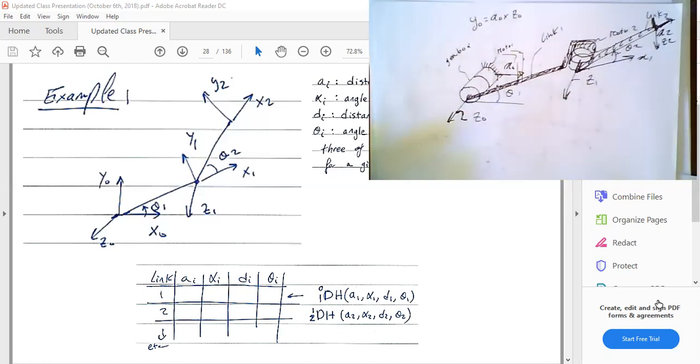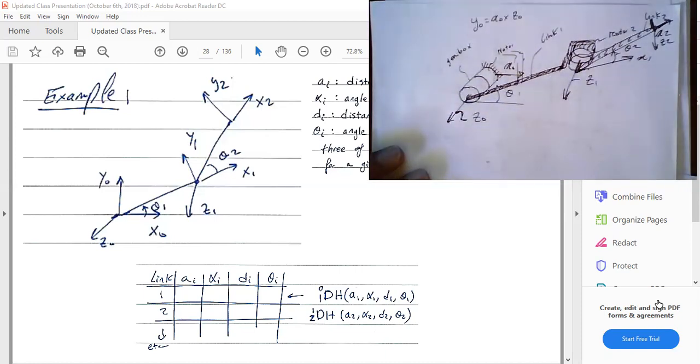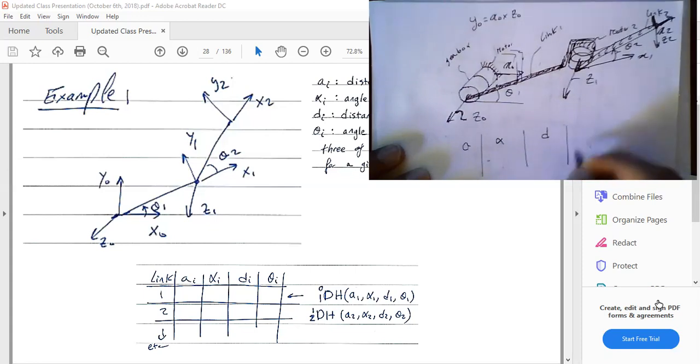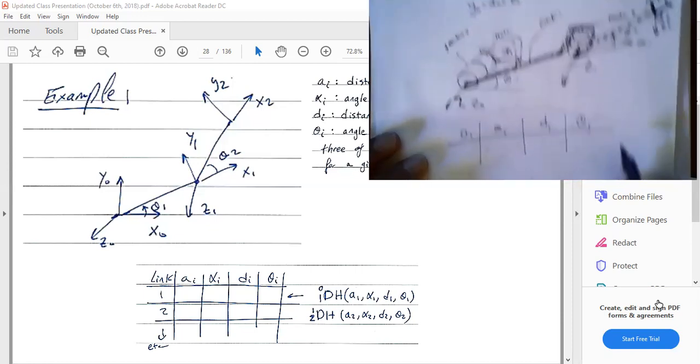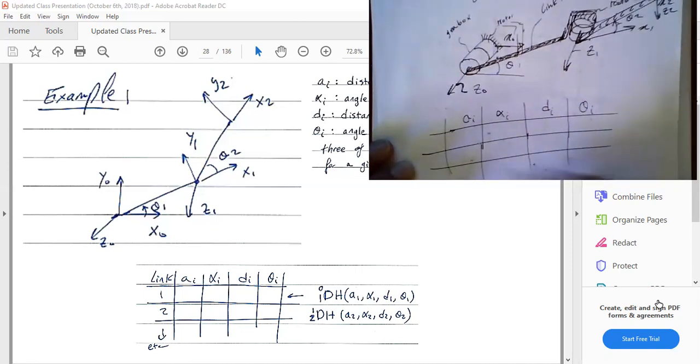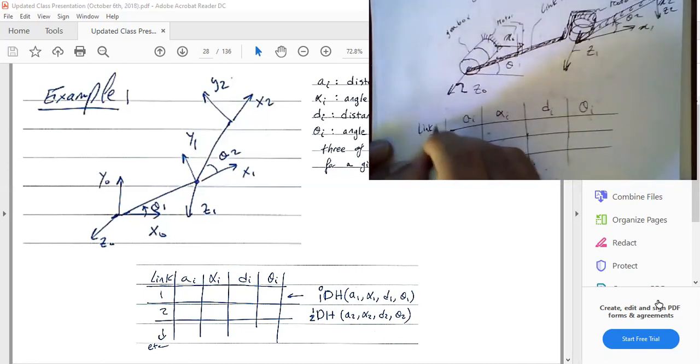Okay, so if I were to look into the DH transformation, I'm going to have A, alpha, D, and θ, for link i, so link 1 and then link 2.